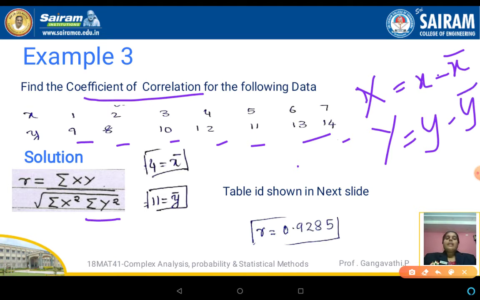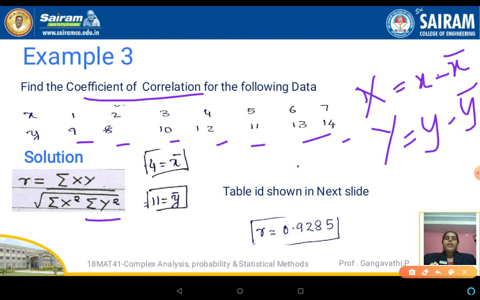So we need to calculate x bar and y bar first, that is, the mean value of x and the mean value of y.